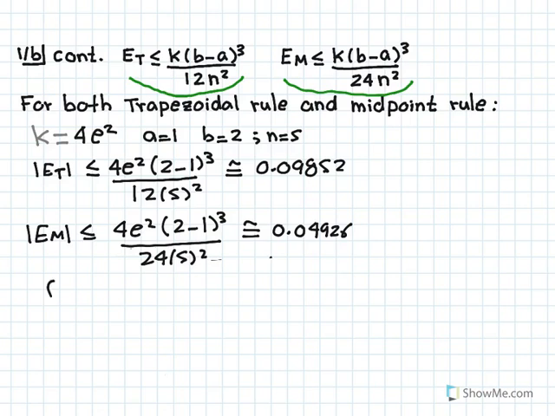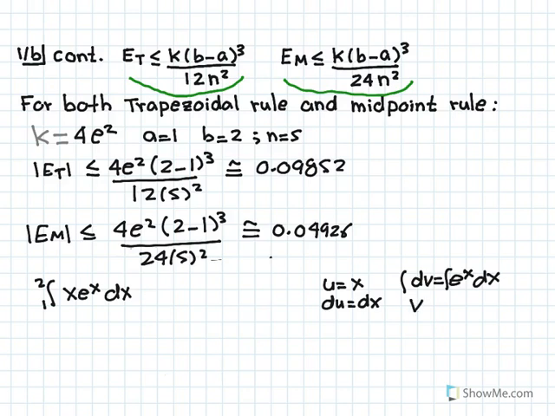So we need to compute the exact value of the definite integral from 1 to 2 of x e to the x dx. Applying integration by parts, we're going to let u be equal to x, du is equal to dx, dv is e to the x dx. Integrate dv to get v. v is equal to e to the x.